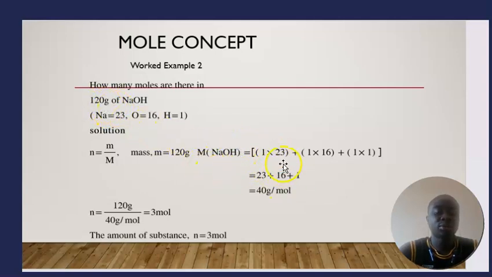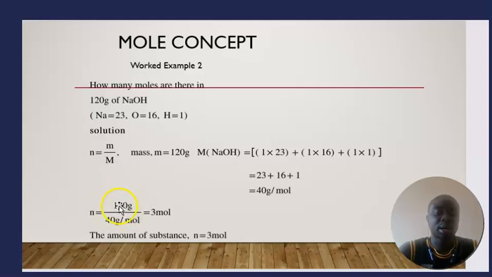The same way, we are going to find the molar mass. The sodium is only 1, so 1 times the 23 is here, plus oxygen is only 1, 1 times the 16 is here, plus hydrogen is only 1, 1 times 1 is also here. You get 40 gram per mole. And come back to substitute into your formula.